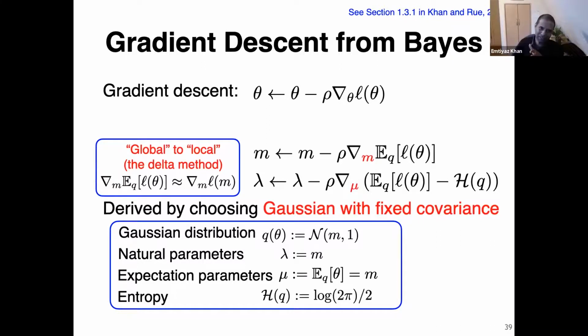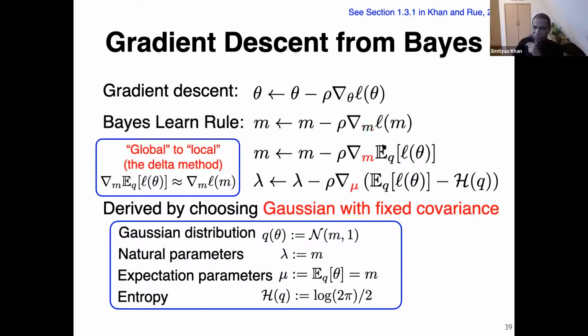This approximation is very well known in statistics. It's been known for centuries. It's called the delta method, where I approximate the gradient at one point. And if you do that, then you get gradient descent, right? So you have to do an approximation to the natural gradient going from Bayesian to non-Bayesian, but you can always relax this and you can get something non-Bayesian, okay?